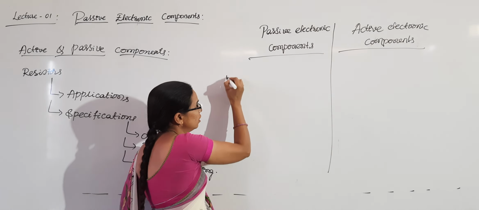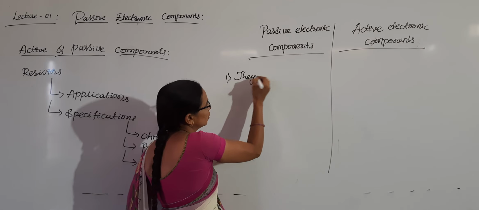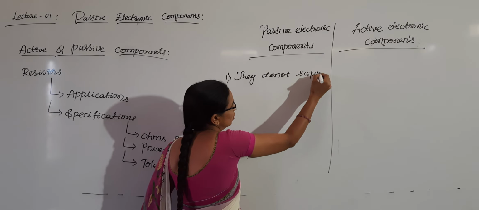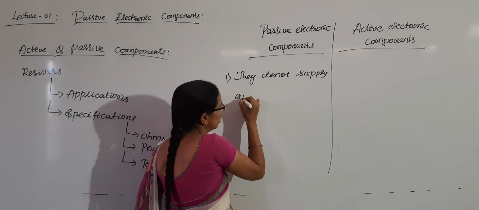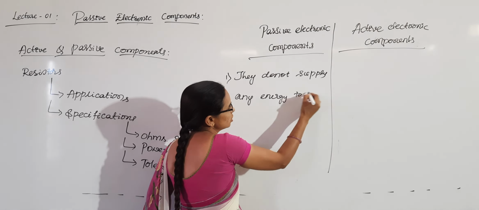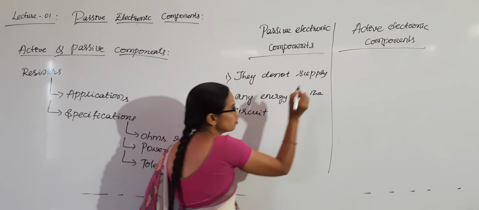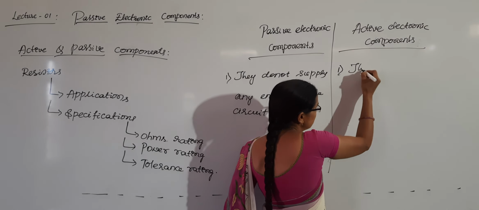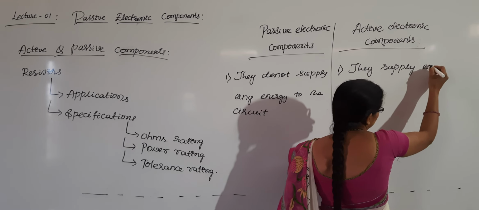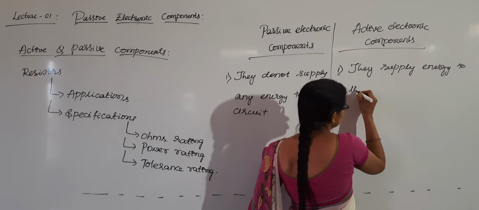Passive components do not supply any energy to the circuit, whereas active components supply energy to the circuit.